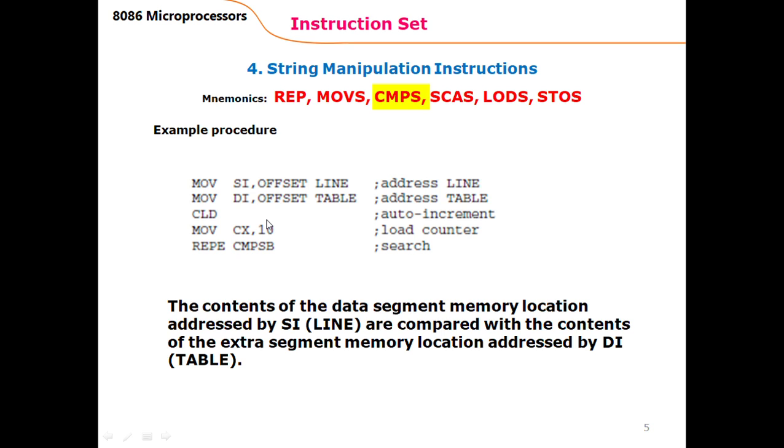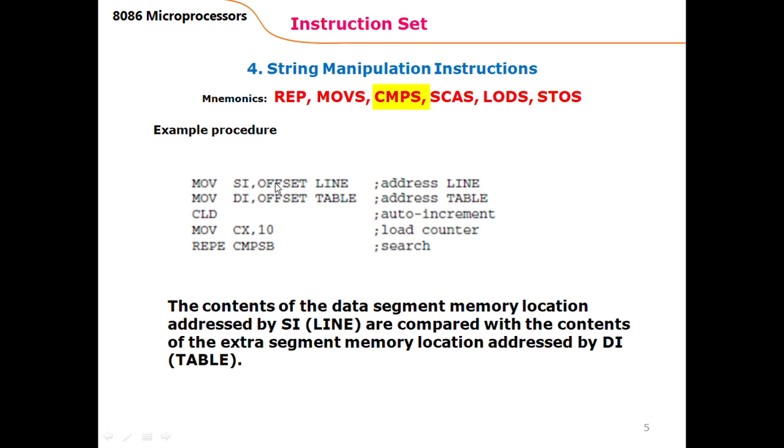So depending on the application, in this case, this procedure, the programmer sets auto increment mode using CLD instruction, and after we have the starting address of the first byte of the line is added with the SI, and the first address of the table is added with DI.